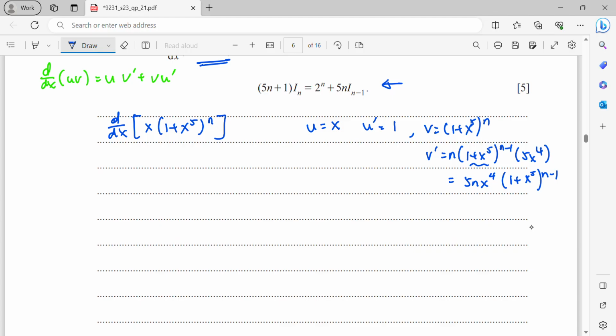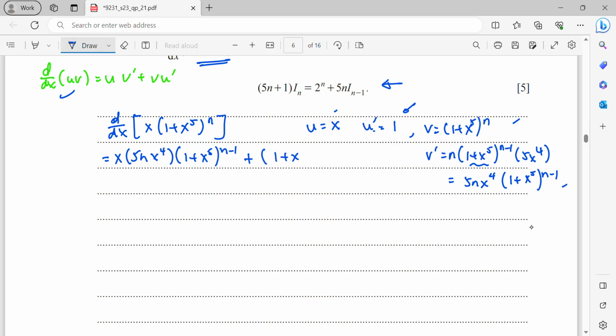Okay, so now I will apply this product rule. Then it will be uv, sorry, u v prime, x times v prime. So it will be (5n x^4)(1 plus x^5) to the power of n minus 1, plus v u prime. Okay, so you multiply by 1, it will be the same as v.